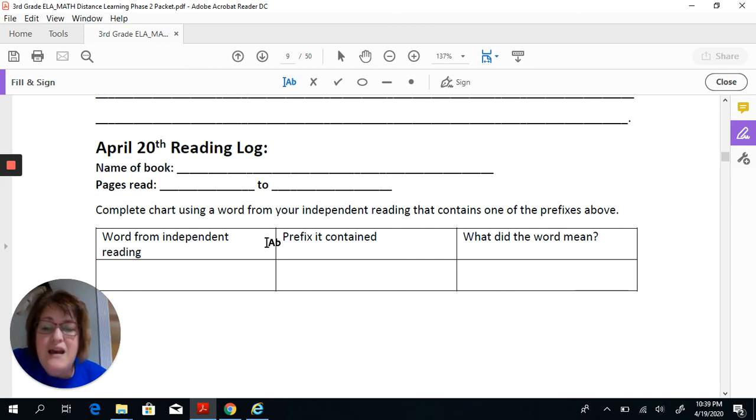As you all are reading, from time to time, you will just stop and get so excited and come up to Miss Clyde and say, oh, Miss Clyde, I found a reword or a preword or an unword. Gosh, we've had so many prefixes and suffixes this year. So just look for a word from your independent reading that hopefully has one of the prefixes that we studied today in your packet. And then based on what you know that prefix means, what were you able to figure out about the meaning of the word? And you would write that here.